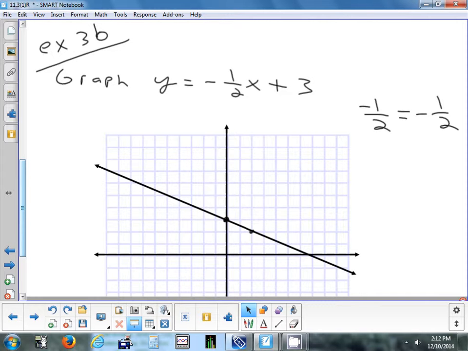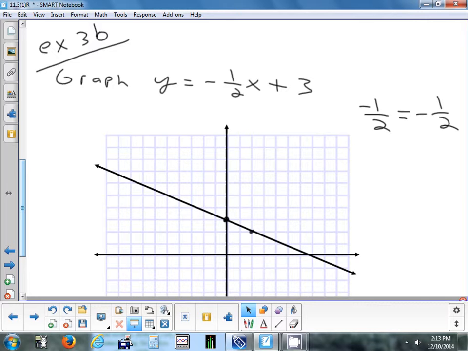So when you're graphing a line, you have two choices. Guys, I need you to be quiet. After you graph your y-intercept, if it's a positive slope, you go up and to the right from the y-intercept.